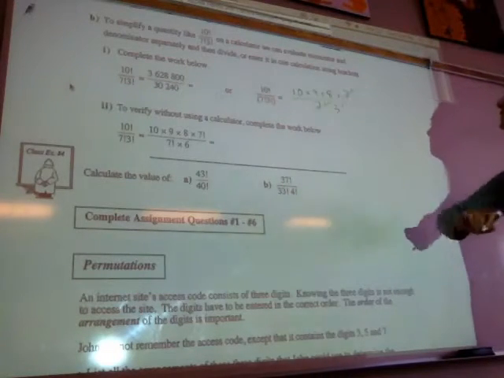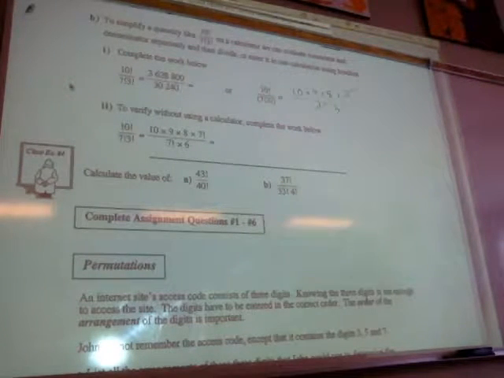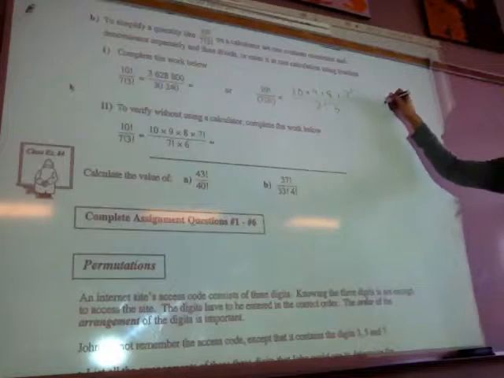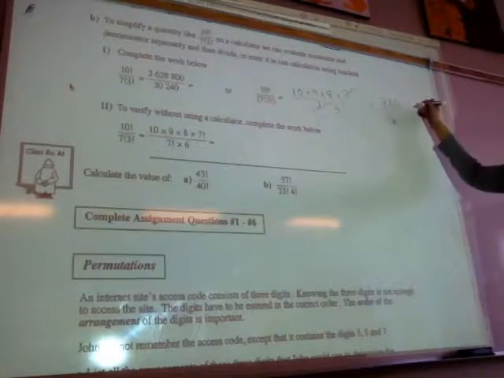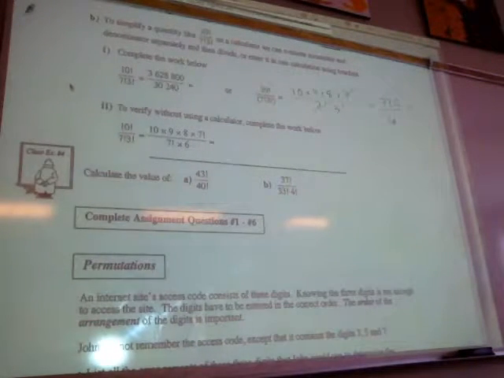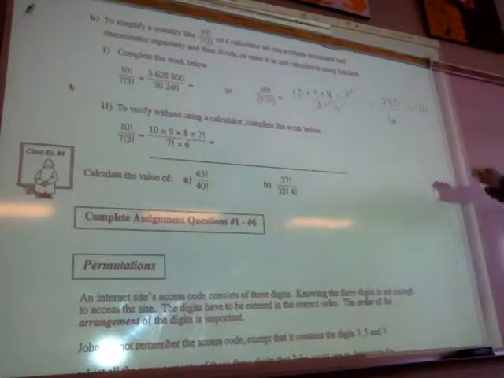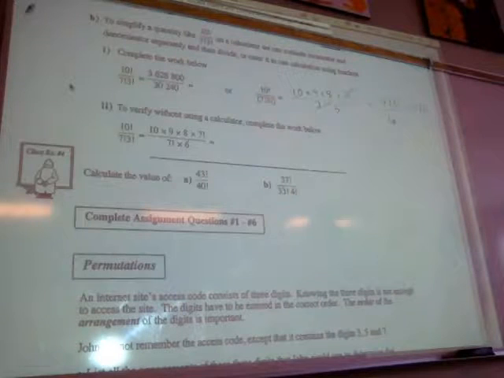The 7 factorial cancels out, and then we just multiply it through. So 720 divided by 6, and we get 120. So you could do it algebraically like that if you wanted as well.